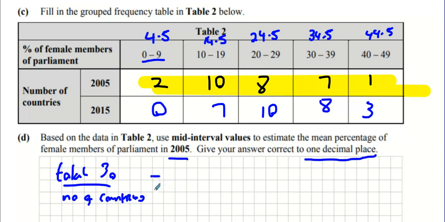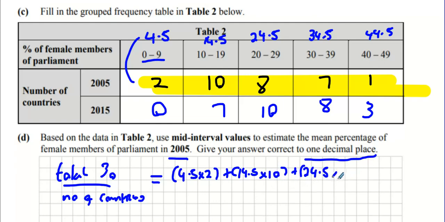So to do this calculation, we multiply 4.5 by 2, then add 14.5 multiplied by 10, 24.5 multiplied by 8, 24.5 multiplied by 7, and finally 44.5 multiplied by 1.